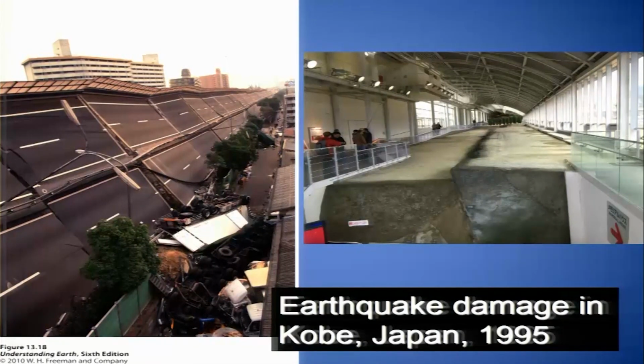Now, here I would like to explain what we were talking about, the fault scarps. This is what will happen during an earthquake. The rupture of the 1995 Kobe earthquake has been preserved in the form of a museum, and in this museum people can come and see what happened in the 1995 Kobe earthquake.